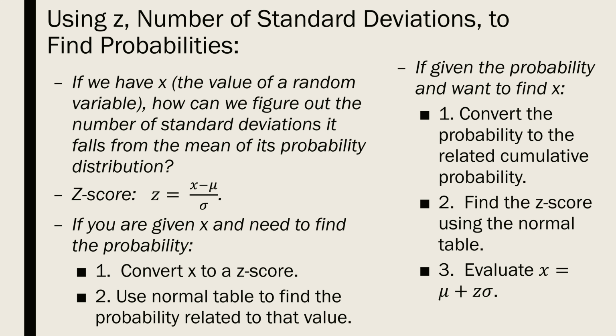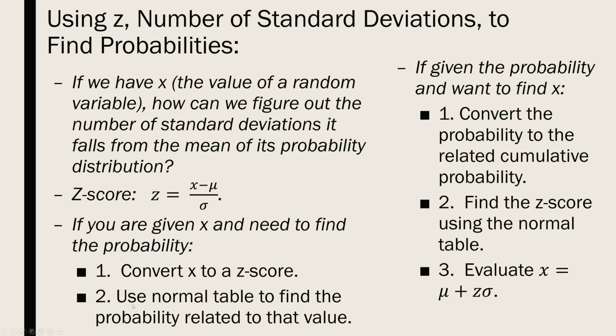Here are two types of questions you need to understand. If we have x, the value of a random variable, how can we figure out the number of standard deviations it falls from the mean of its probability distribution? You can calculate the z-score. If you are given x and need to find the probability, first, you convert x to a z-score.